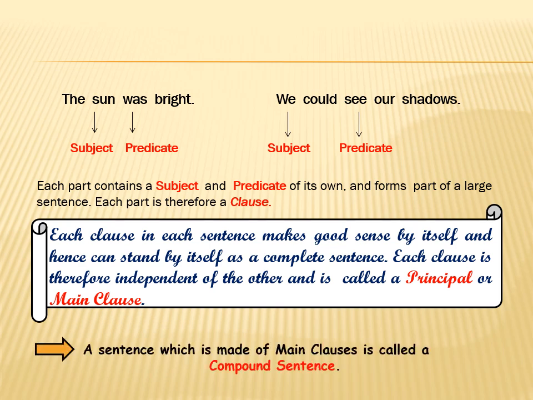A sentence which is made of main clauses is called a compound sentence. So the given sentence is a compound sentence because the two clauses in the given sentence are independent of each other and each part of the sentence is in itself a complete sentence.